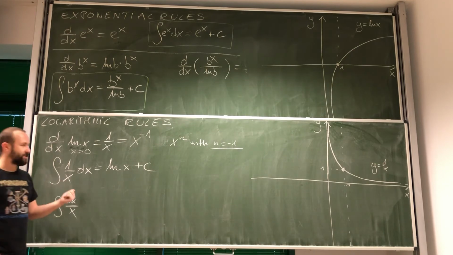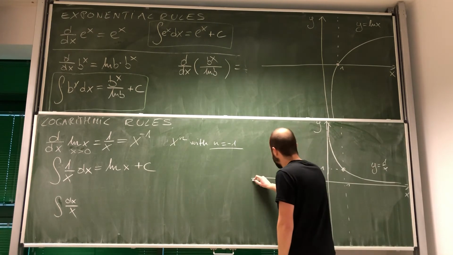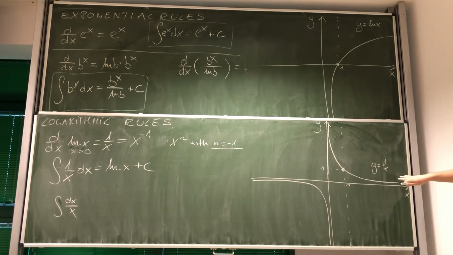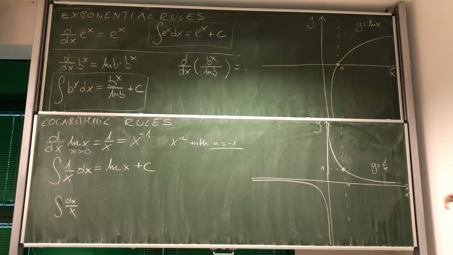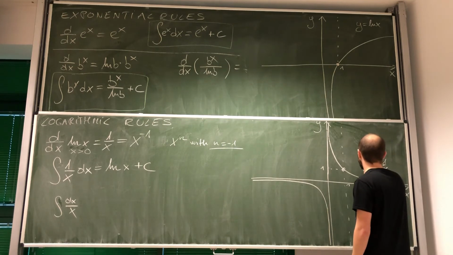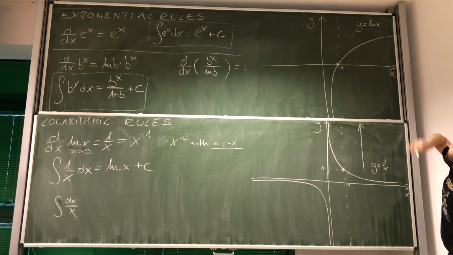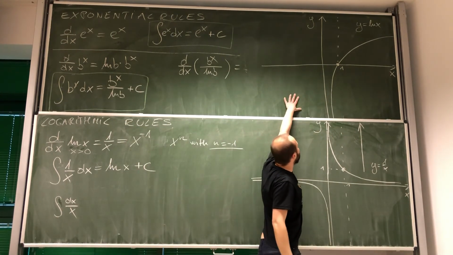So this function is defined for both positive and negative values, right? It has a second part that, well, they should be perfectly symmetrical, but you need to forgive me. Okay, so look, what we know for sure is that if x is bigger than 0, then the integral of 1 over x is this: y equals ln x.